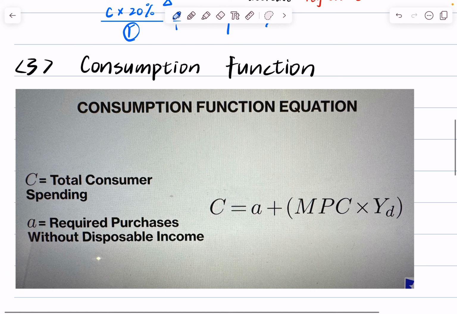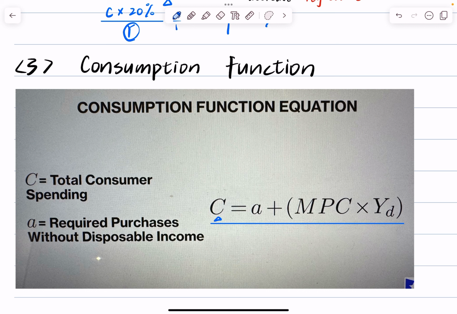The consumption function is like this. C stands for total consumer spending. Maybe you will learn the consumption function equation in the household chapter. You will learn something about spending and disposable income in that chapter.